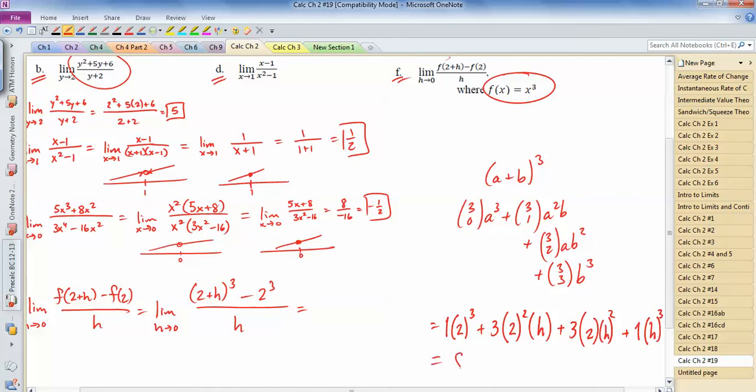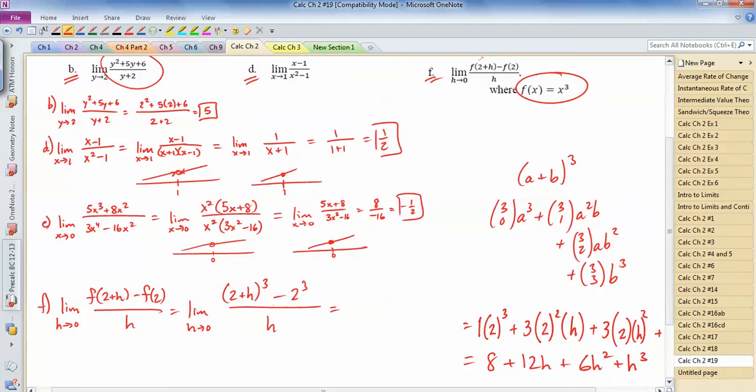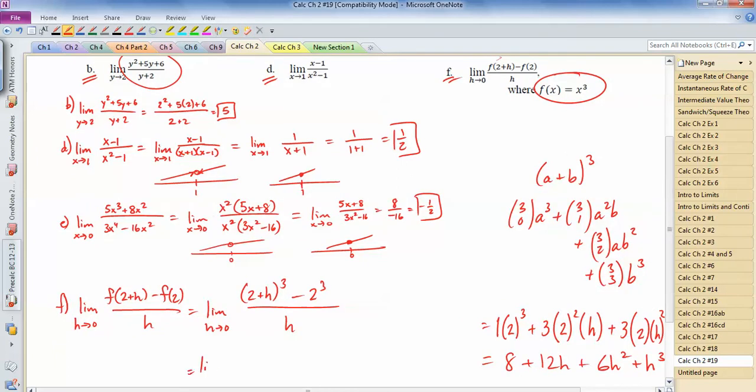So then this ends up being 8 plus 12h plus 6h squared plus h cubed. So now I can plug that in for the 2 plus h cubed part. So this ends up being limit as h goes to 0 of 8 plus 12h plus 6h squared plus h cubed minus 8. That's this part, all over h.